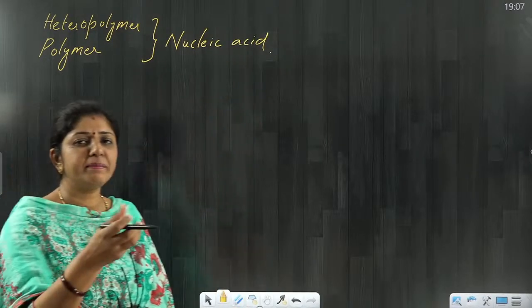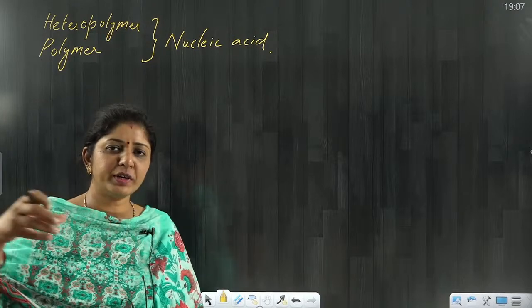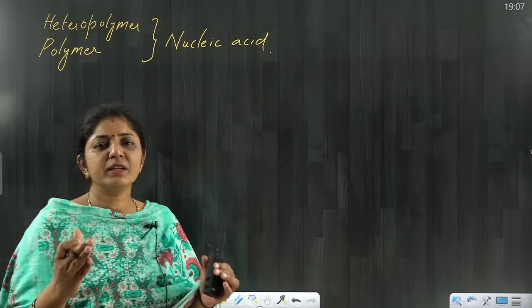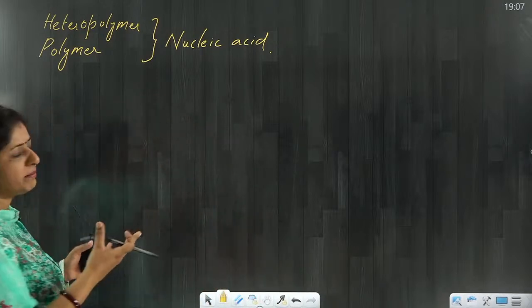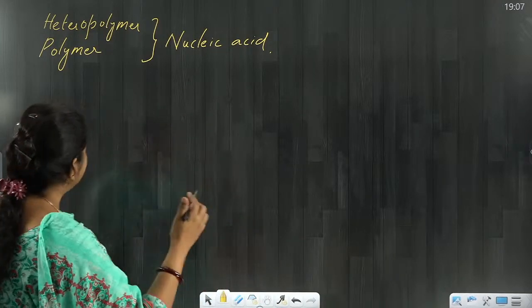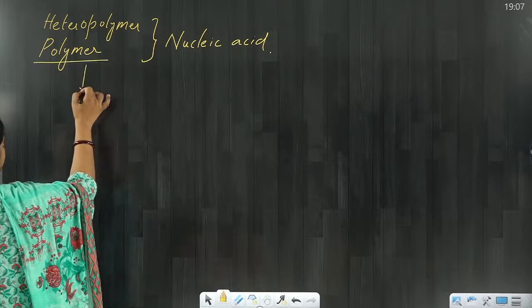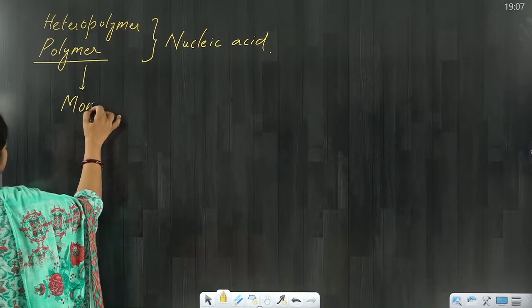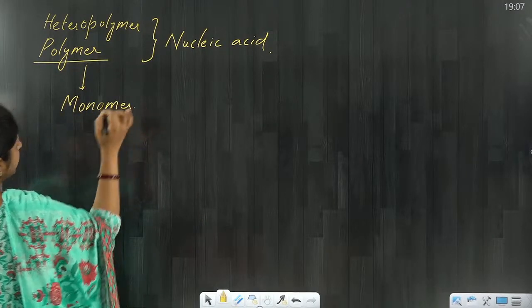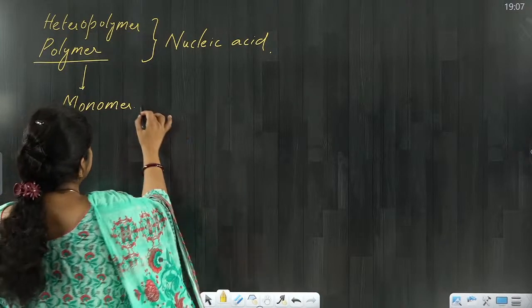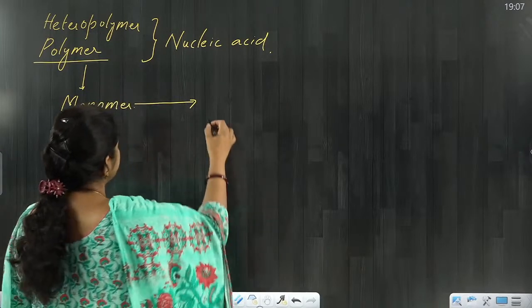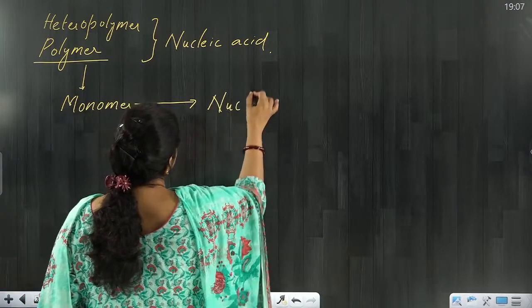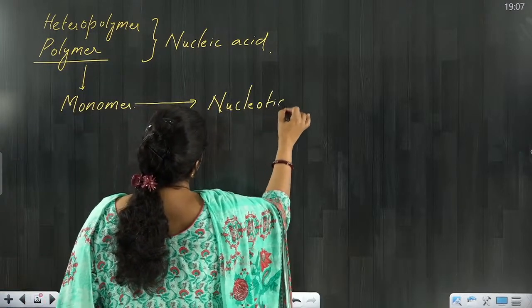Every polymer, poly means many. If many small units link, you call it a bigger thing, a polymer. And here that polymer's name is nucleic acid, and obviously a polymer is made up of monomers. What monomer is there in nucleic acid? I am taking either DNA or RNA. What can be its monomer? You call it a nucleotide.